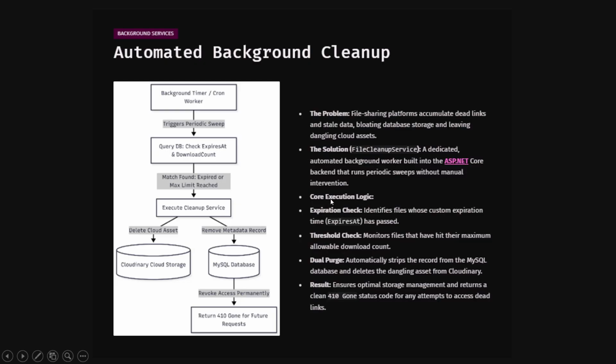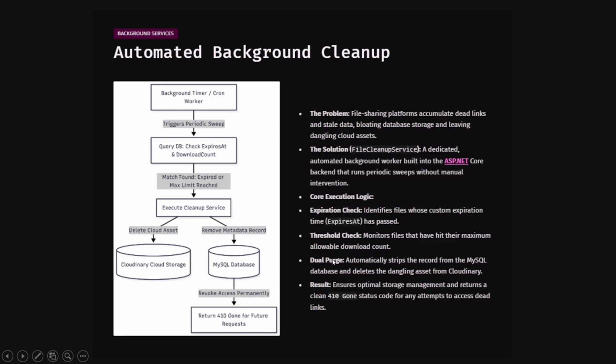The core execution logic is this: it checks for expiry, identifying which files have a custom expiry date that has passed, and the threshold check, whether the file has hit the allowed maximum download count. If either is hit, it does a purge.